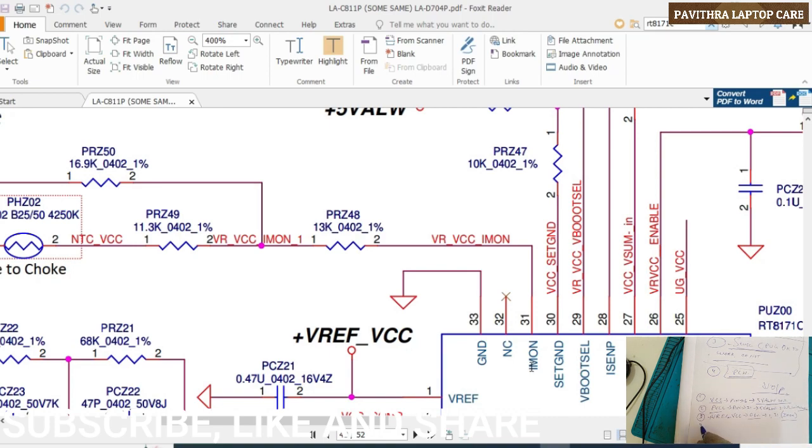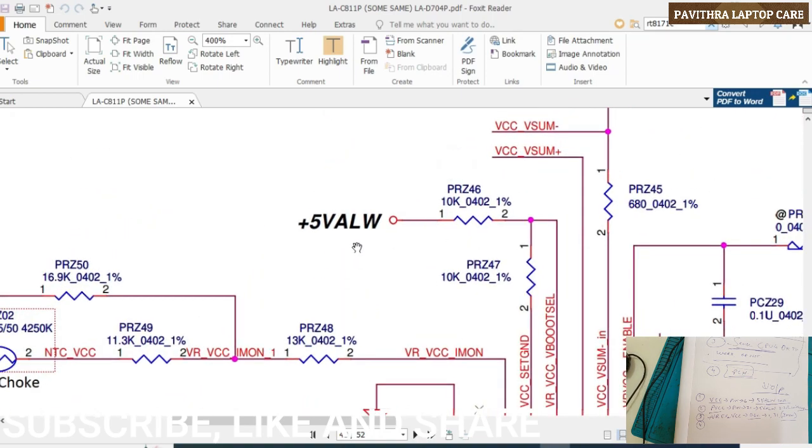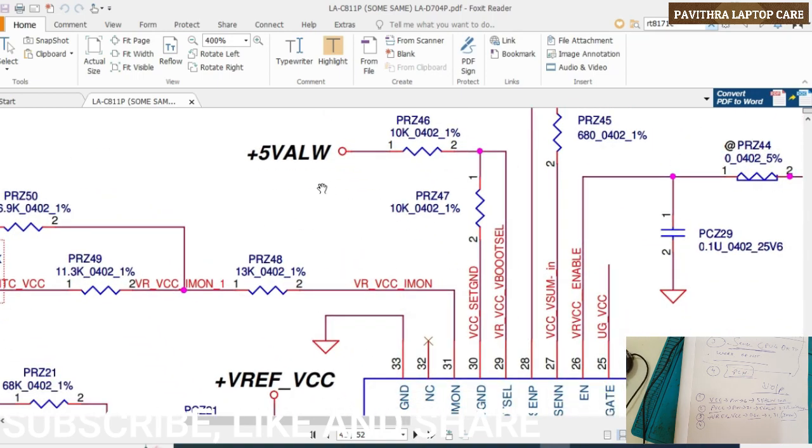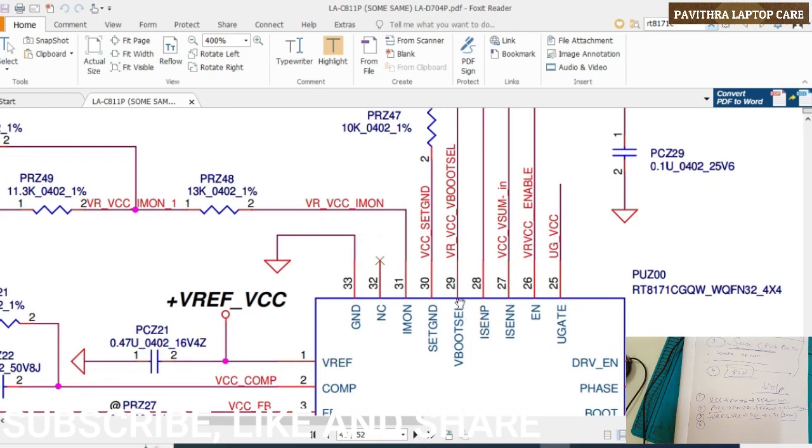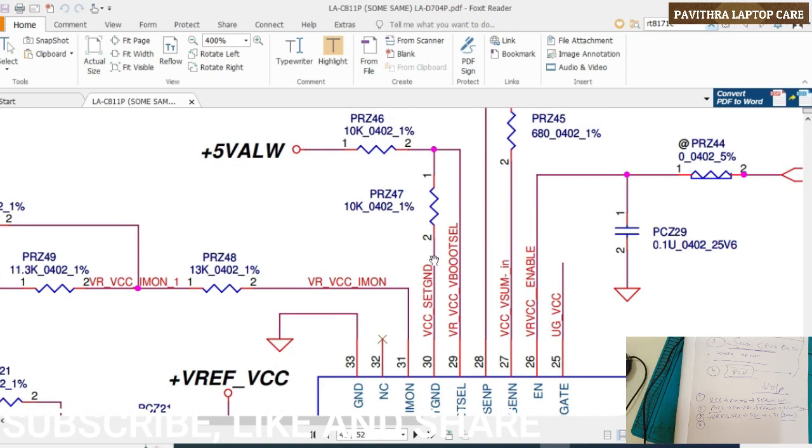Next, the fourth input voltage. See here, one more 5 volts always is there. That goes to pin 29 and 30. Actually a voltage divider is there, and as per the voltage divider it goes to pin 29.